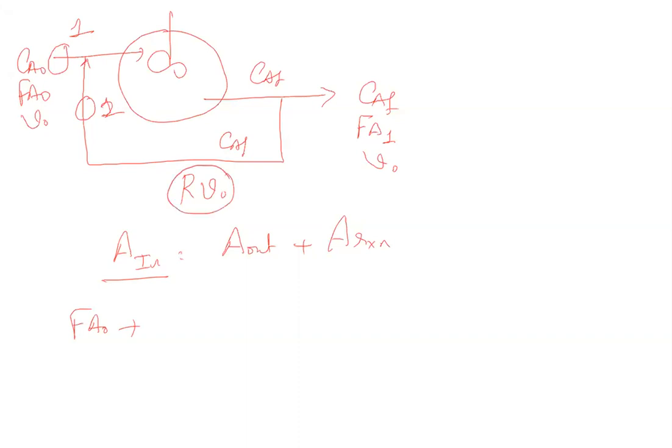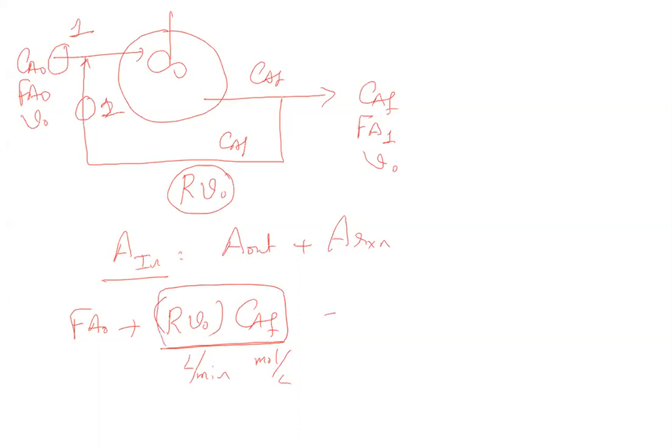R into V naught is your volumetric flow rate, into the concentration, which is CF. This becomes your moles of A: volumetric flow rate multiplied by concentration, liters per minute times moles per liter. So this much amount of A is going along with it here.